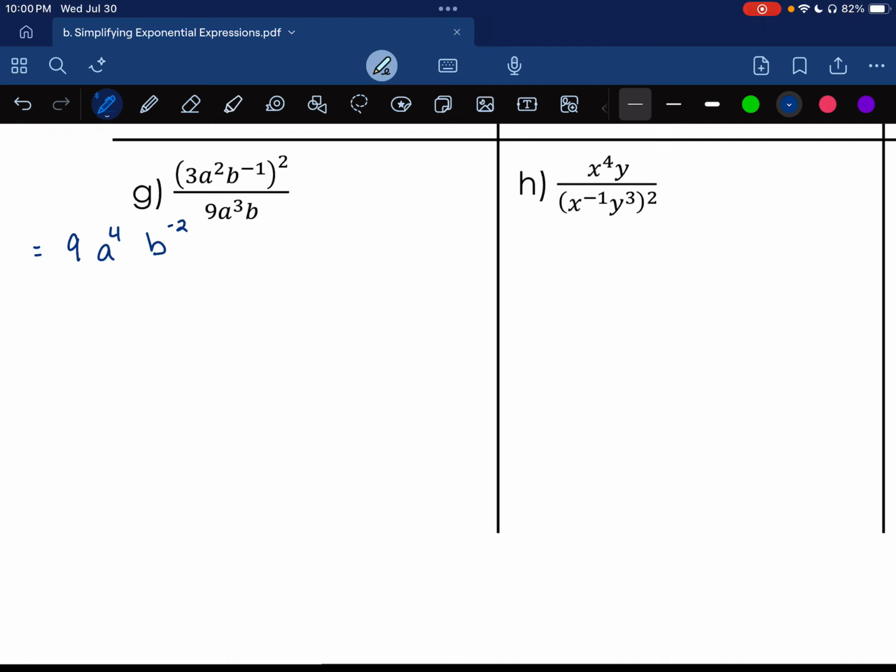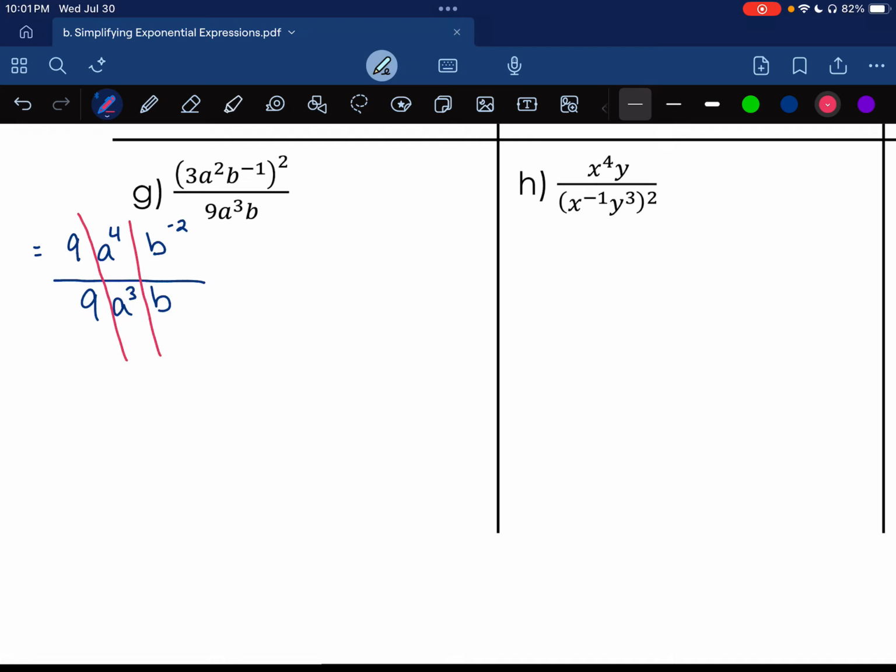All right, and then this is over 9 a cubed b. So what I tell students is I like to think about this one chunk at a time. So think about the 9's over the 9's, the a's over the a's, the b's over the b's. When I think about 9 over itself, that's just going to become 1, right? Thanks, that worked out nicely. If I have a to the 4th over a cubed, I can subtract those exponents, a to the 1st.